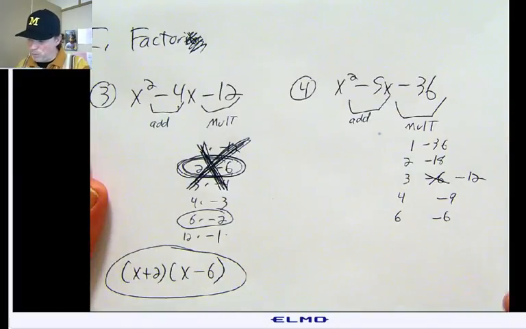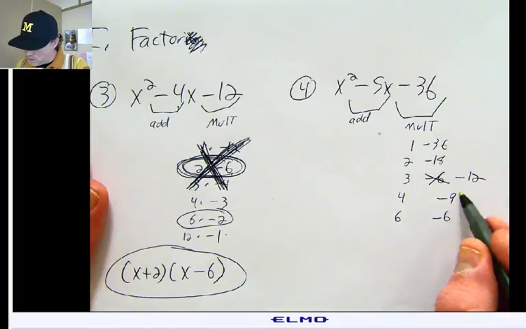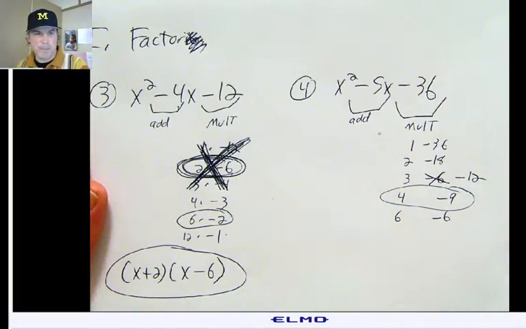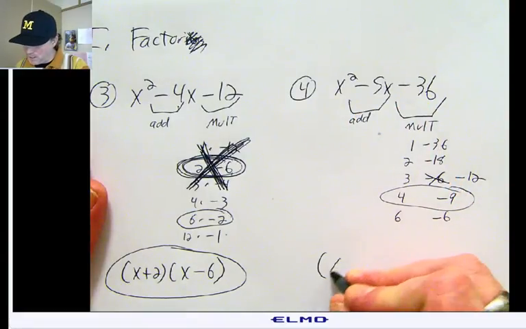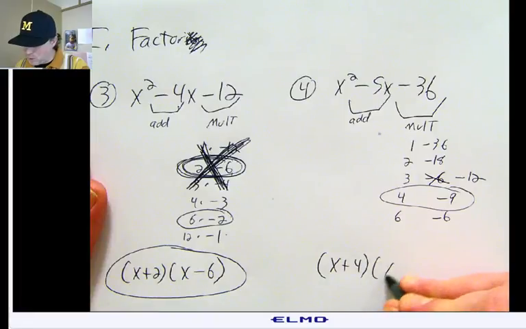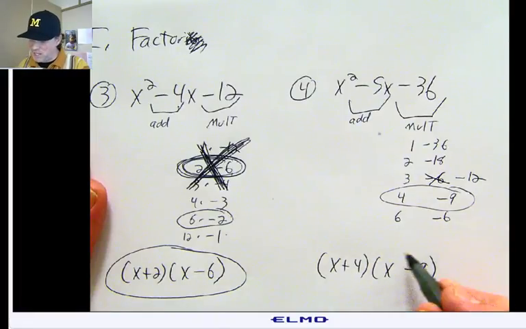And now I'm looking for which ones add up to negative 5 or positive 5. And in this case, it's this one. Multiply to negative 36, add up to negative 5. So my final answer for this one is x plus 4 and x minus 9.